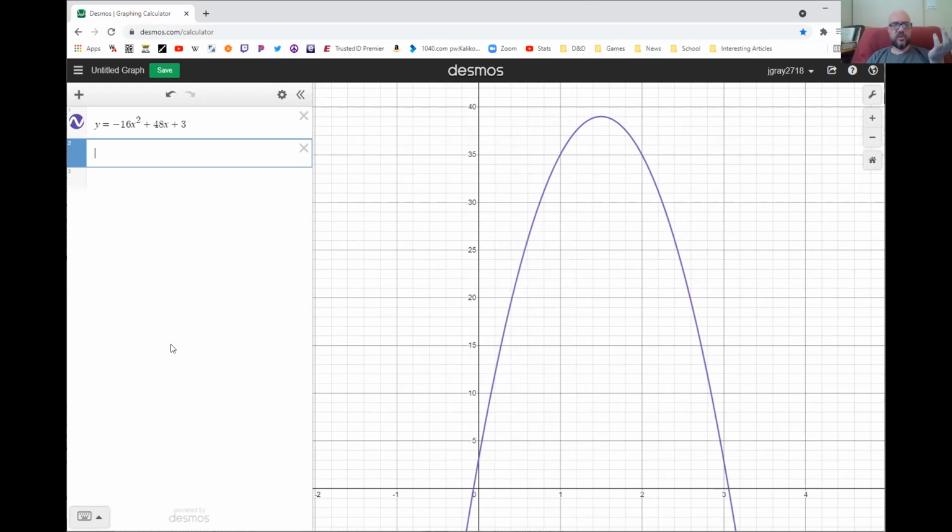So I'm going to find out what minus b plus, now I don't need the minus because the minus is going to end up over here, the square root of b squared, 48 squared, minus 4 times a, which is negative 16, times c, which is 3, all over 2a, which is negative 32.